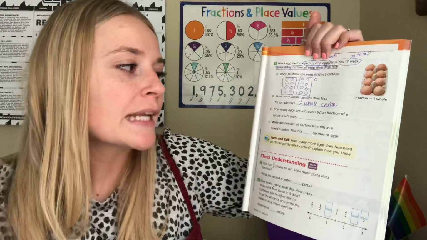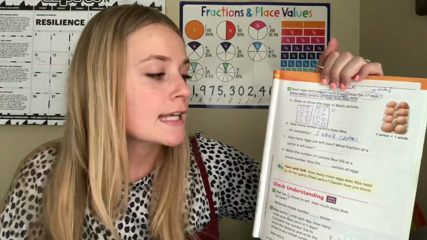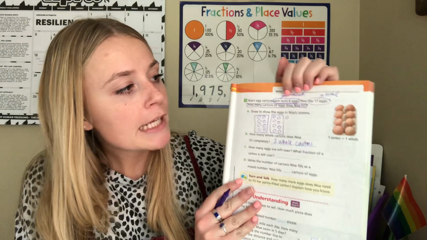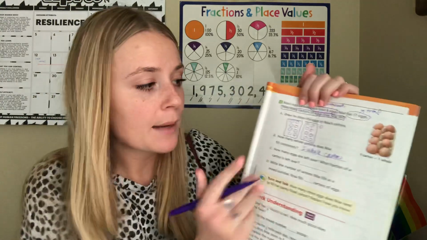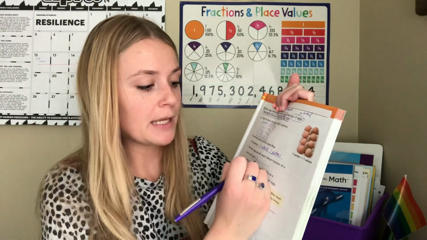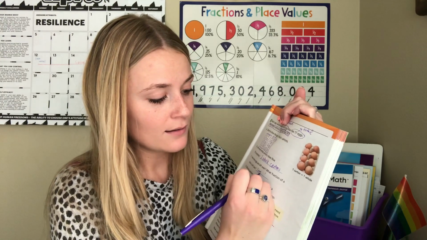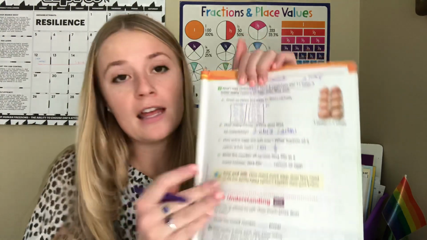And then it says how many eggs are left over? What fraction of a carton is left over? Remember, our denominator is 8 because that's the number of equal parts in a carton. So I have 1 egg left over, which means I have 1/8 as my fraction.